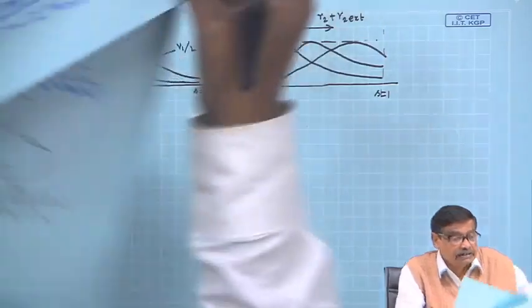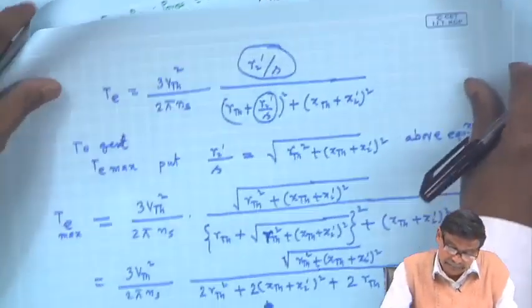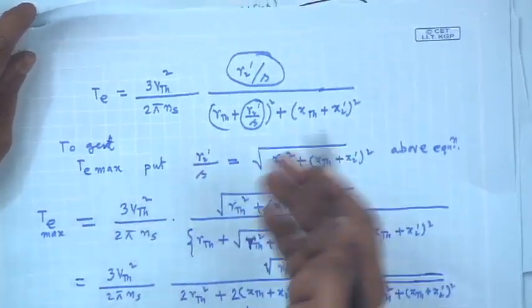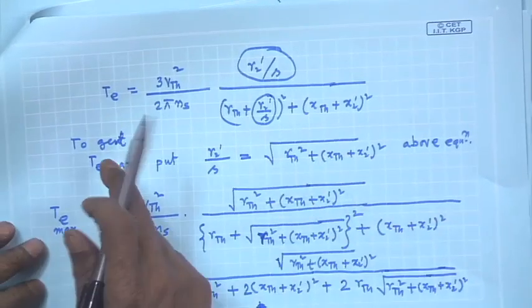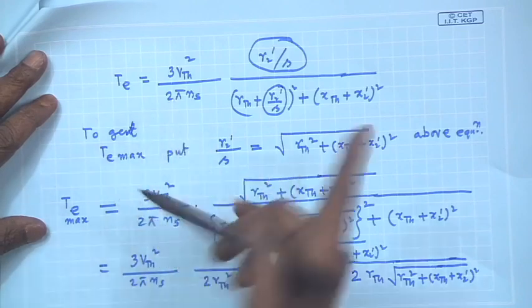Expression of the torque is after all this one. So, T max can be calculated assuming only R 2 is present, and then if you want to get that T max at starting.